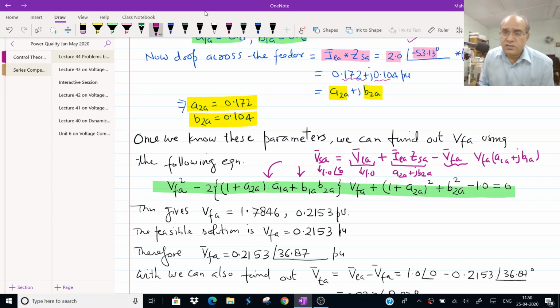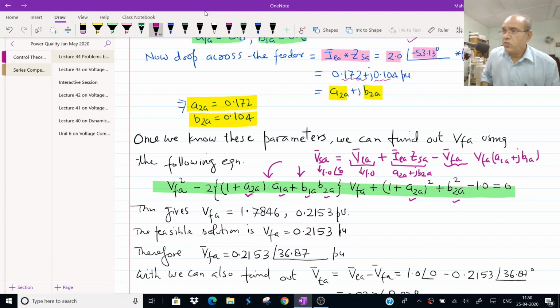Now in this equation, we simply substitute the value of these coefficients. Okay, A2 is here, A1, B1, B2, and BFA. If we substitute these values, we will find that this gives the quadratic equation in BFA, which gives the following solution.